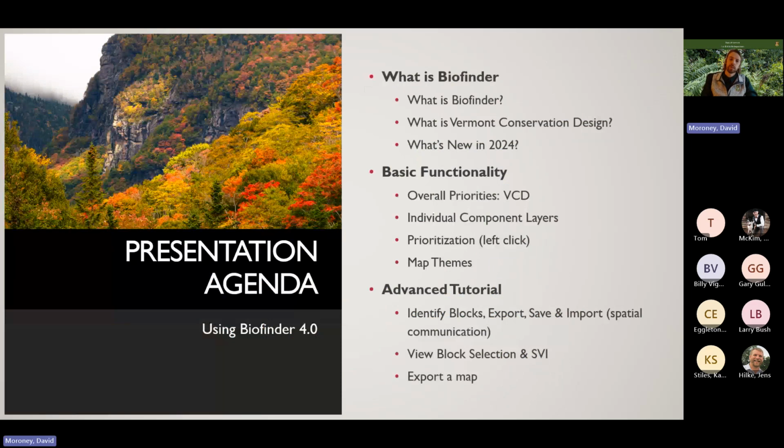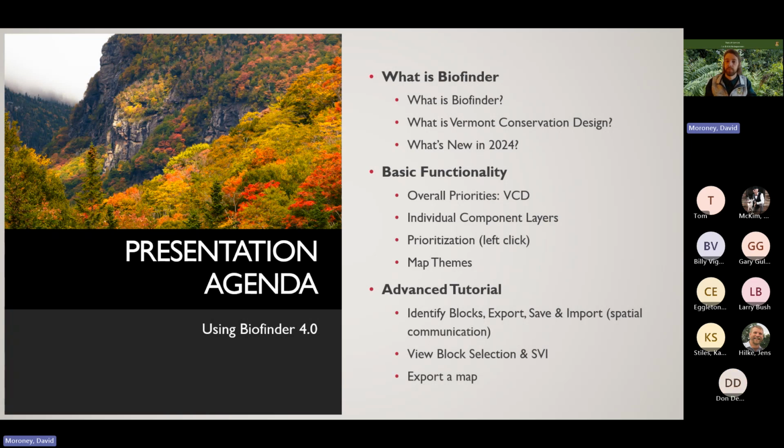All right, so our focus today is using BioFinder 4.0. This is a fantastic tool that's going to allow you to do a lot of exploration and answer a lot of questions related to conservation on your own. And so we're going to walk you through this tool in 3 different sections. First, a little bit of background information on what is BioFinder as a tool and what is Vermont Conservation Design, which is intimately related to BioFinder, as you'll see.